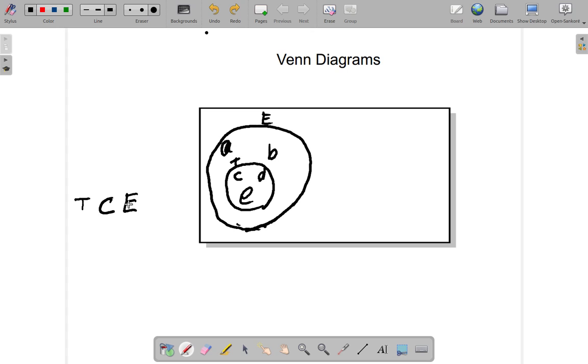Alright? So that is called a subset. You see that? That's a subset. Now, in this case, this is the short way of writing down what a subset is.